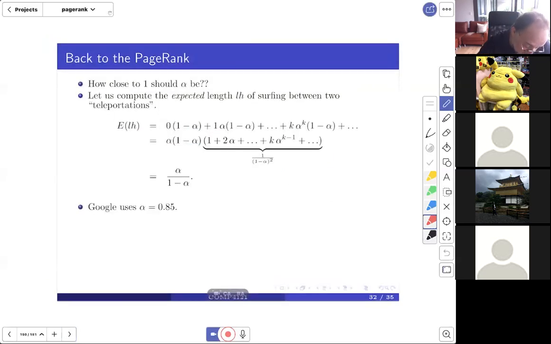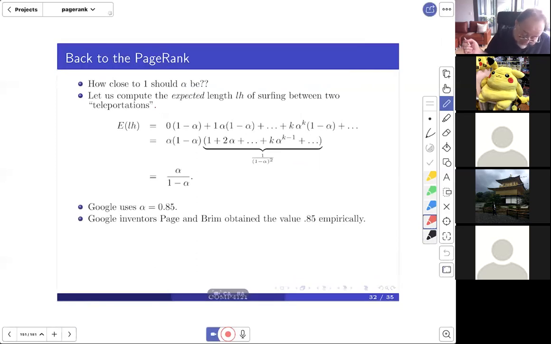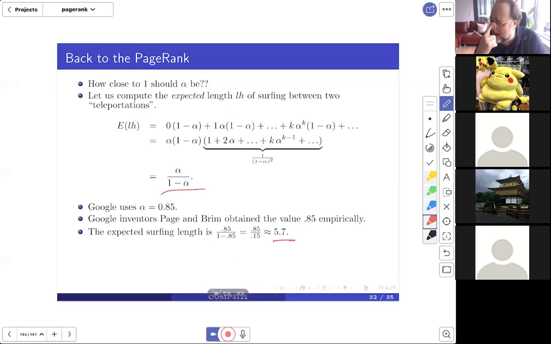So Google uses alpha that is only 0.85, which is not very close to 1. What does this mean? And how did they get it? They got it empirically, by trial and error. But analytically you can see, using this formula, if alpha is 0.85, you will follow just about 6 links before you do a random jump.